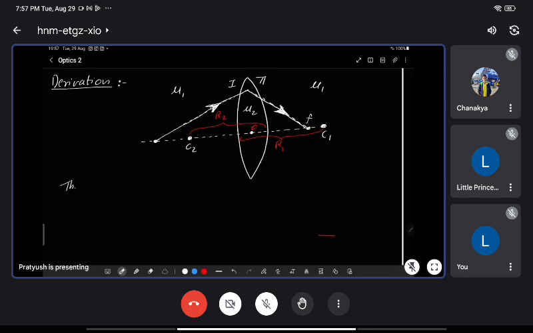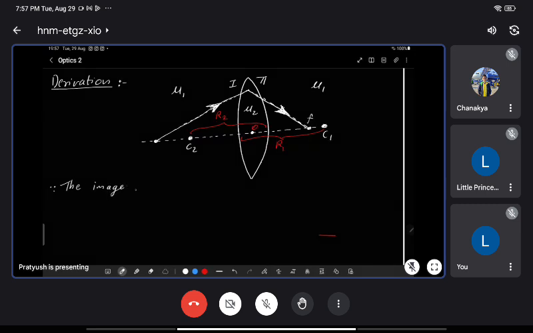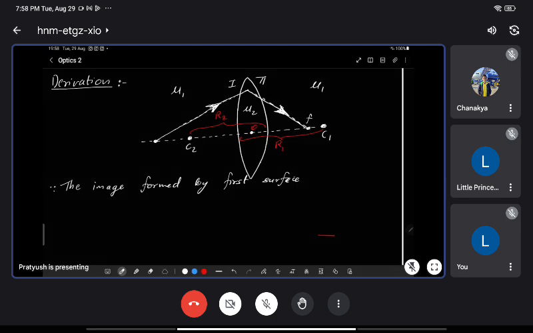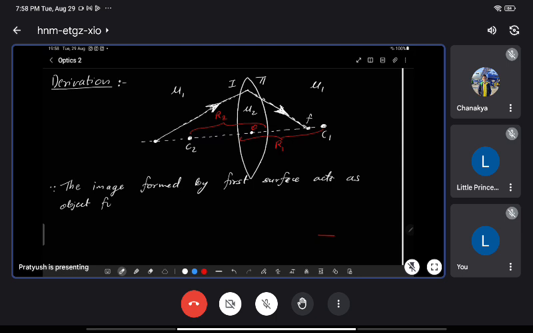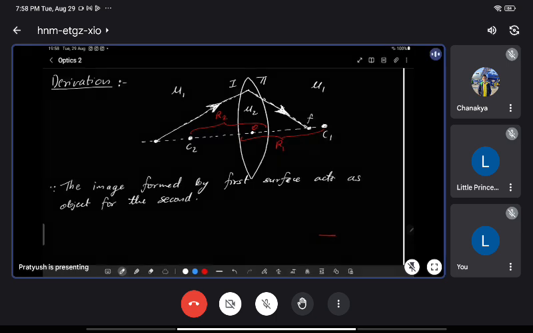Now, write down. Okay. Image formed by the first surface, it will act as object for the second surface.